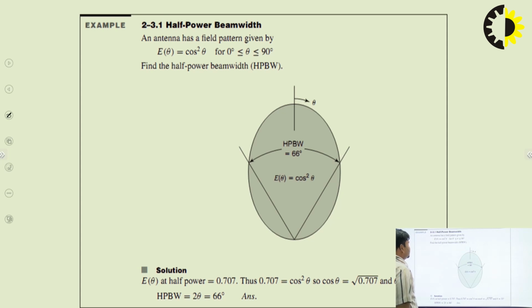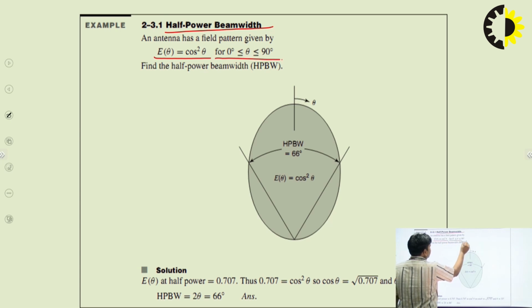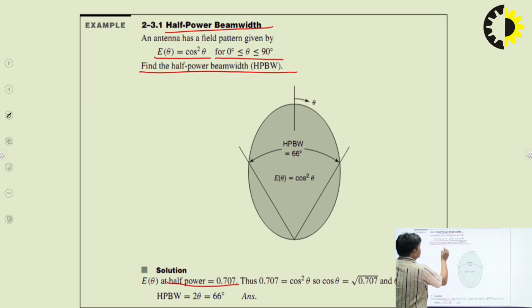For the first example, let us calculate the half power beamwidth. An antenna has a radiation pattern E theta equal to cos square theta, for theta from 0 to 90 degrees. Find the half power beamwidth. This is an electric field pattern, and 3 dB down means 0.707, so 0.707 is equal to cos square theta.